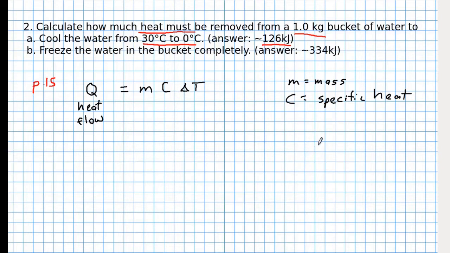And a low specific heat means it's easy to change the temperature of that material, which means it doesn't take very much energy to change the temperature. So things like metals, which are good conductors of heat, have pretty low specific heats, and things like ceramics and water and materials like that have relatively high specific heats, meaning it's difficult to change their temperature. And delta T is how much the temperature changes.